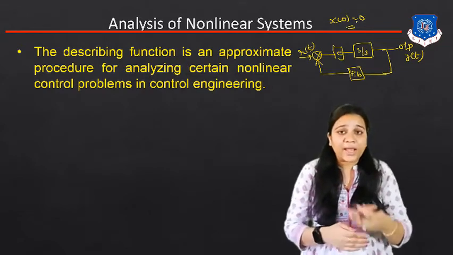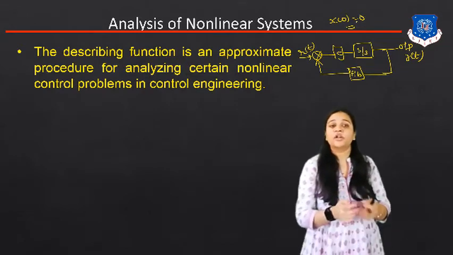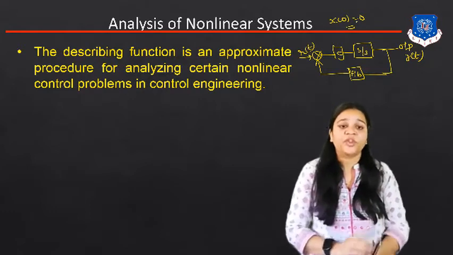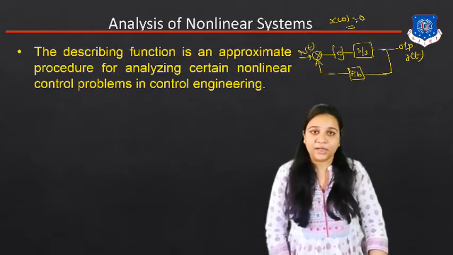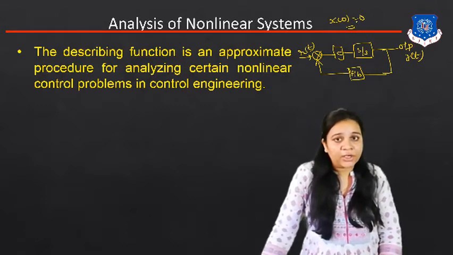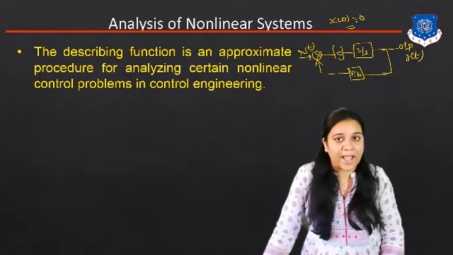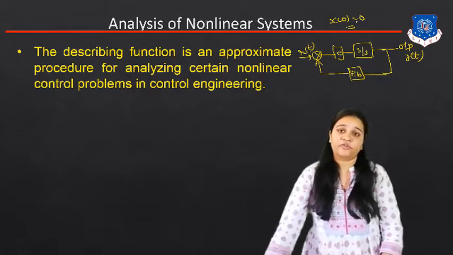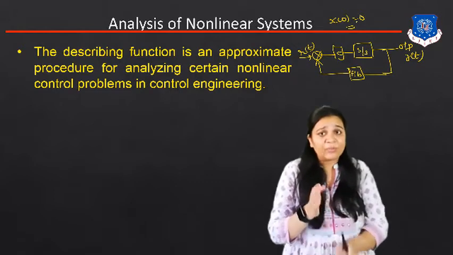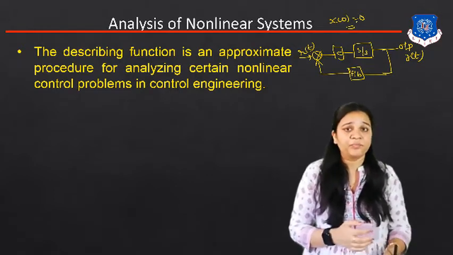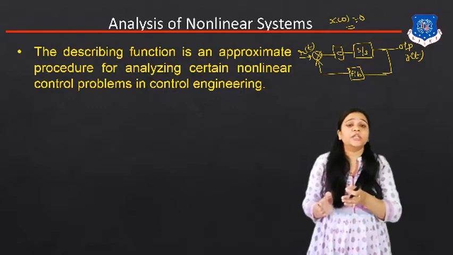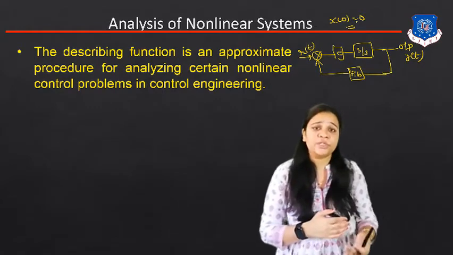If we apply the Z transform and Laplace, the must condition is that we have to deal with a linear system. So for a nonlinear system, we cannot solve examples using the Laplace and Z transform methods. Also, the stability of a nonlinear system cannot be justified using the root locus method or the Routh stability test.